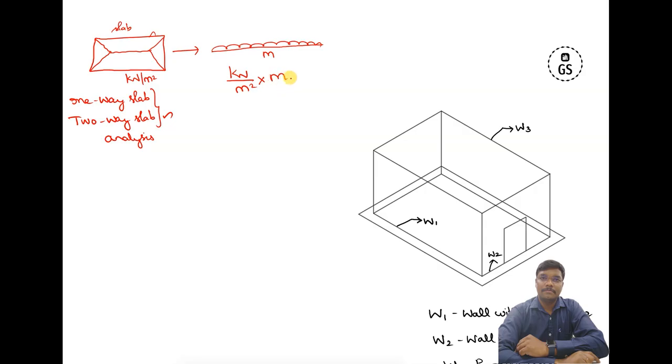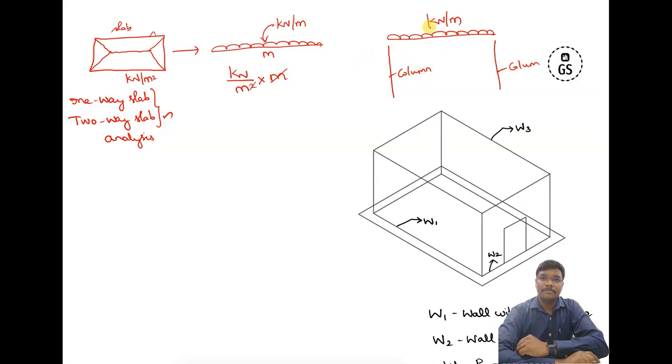So when you convert that, this load is going to be in kilonewton per meter. Right. Now what happens? You have a beam, you have a column now. So now the loads are there, kilonewton per meter over the beams, and here is a column, and here is a column.